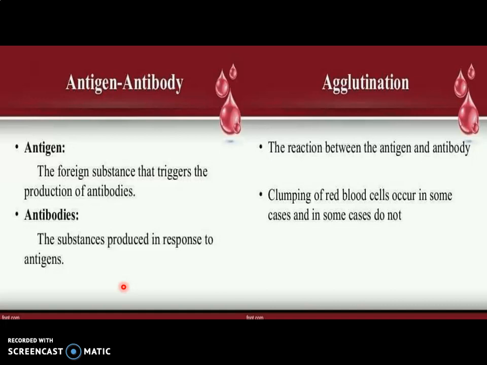When there is a reaction between an antigen and antibody, agglutination will occur, or we say that is the clumping of red blood cells. When this happens, in some cases there is always a detrimental effect. There is always an adverse effect when clumping occurs, though in few cases you might not see such a situation.